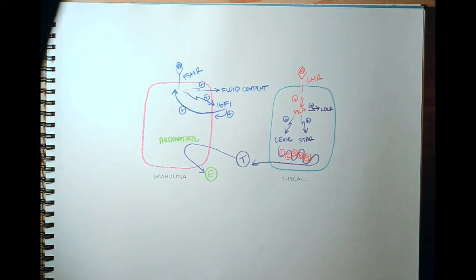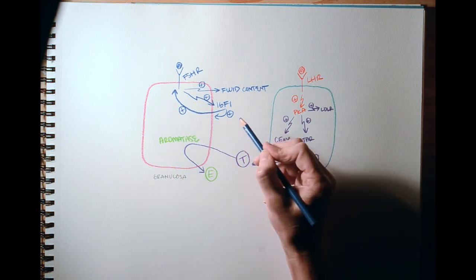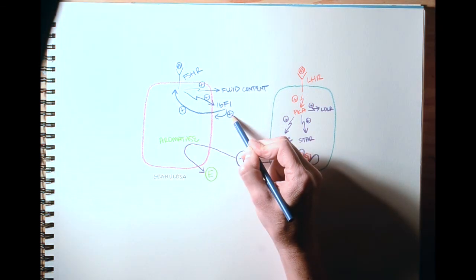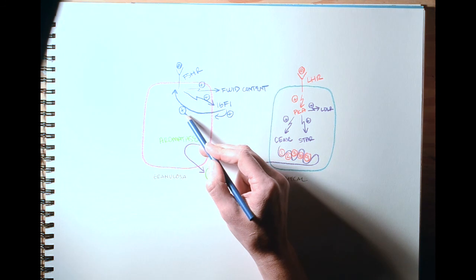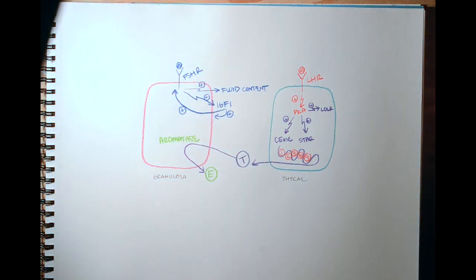Both of these things are extremely important, not only to increase the abundance of the granulosa cell through increased proliferation, but also to increase the level of the expression of the FSH receptor. And I'll explain to you exactly why this is important when we talk about the endocrine changes in the female in the next lecture.